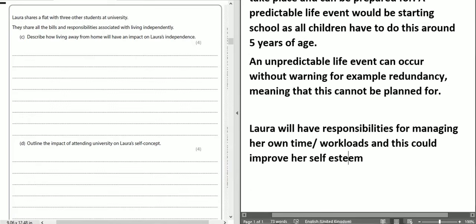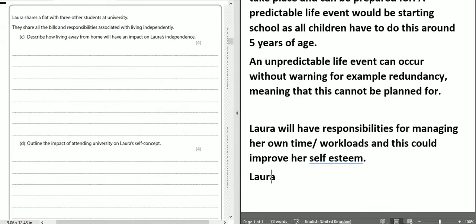So again, it talks about how it affects her independence. It's a hard one to think about, but I've thought about the idea that she has more responsibilities for managing her own time and her workload.